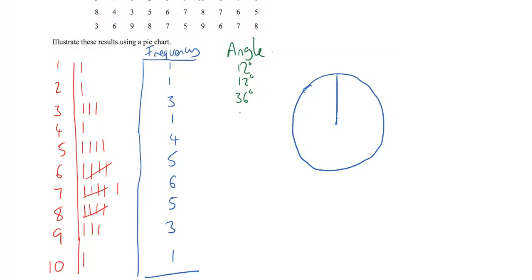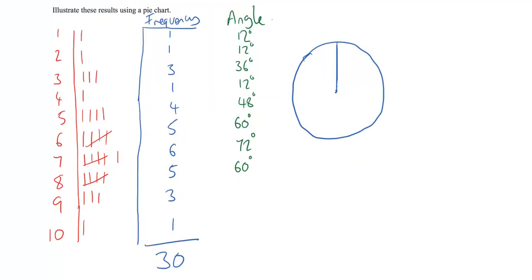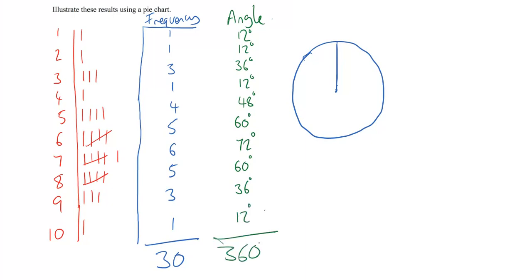We've got 12 degrees again there. 4 times 12 is 48. 5 times 12 is 60. 6 times 12 is 72. 5 times 12 I've already found is 60. 3 times 12 is 36, and then 1 times 12 is 12. So these angles are going to add up to 360.